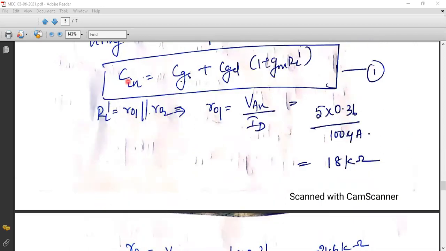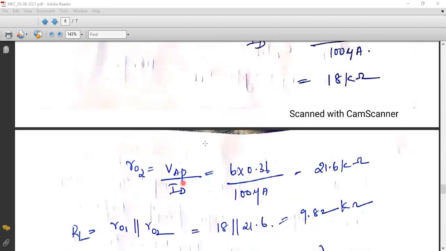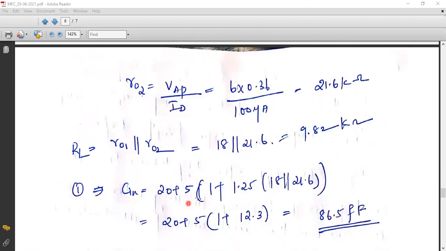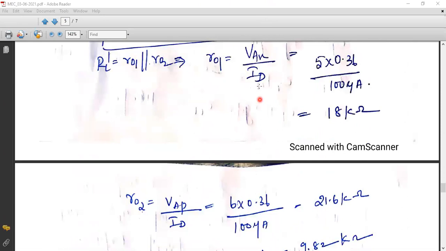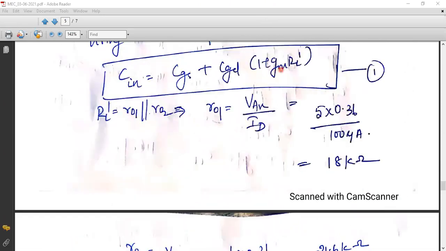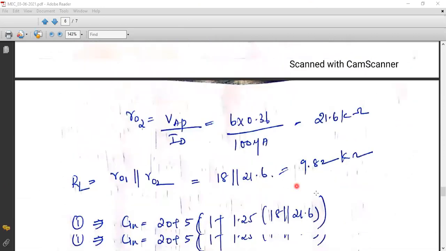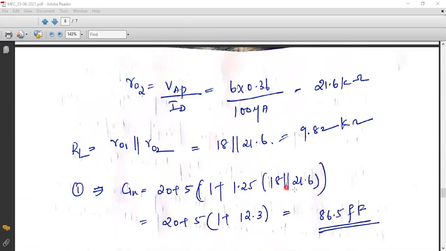Now substitute everything in our main equation. CGS is 20, CGD is 5 into 1 plus GM is 1.25, because I will retain it in milliampere itself because RL dash is in kilo ohm. That is 9.82. So 1.25 into 9.82 is 12.3.